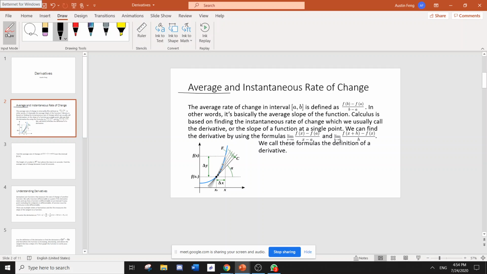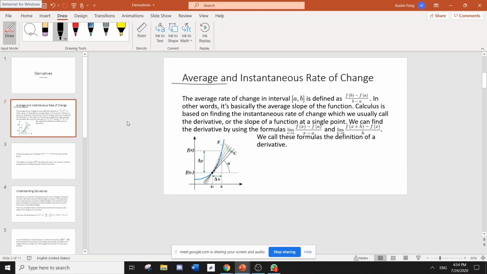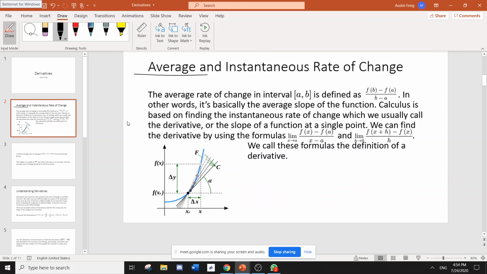In the AP exam, when they ask you to calculate the average rate of change, I write "average rate of change," and then I write out the formula.